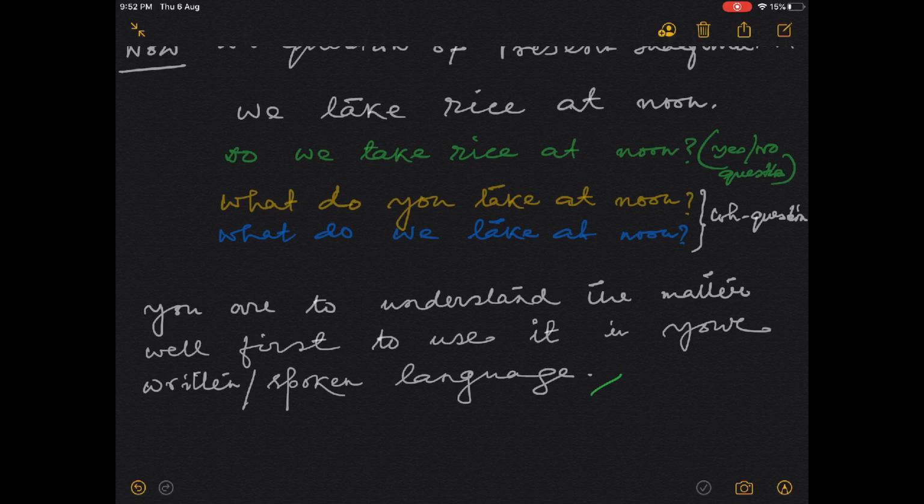You have to understand the matter well first to use it in your written or spoken language. Unless you do this with all your heart and mind, it won't be yours. You can use it in your writing and in your spoken language. Language won't be easier for you otherwise. Thank you very much.